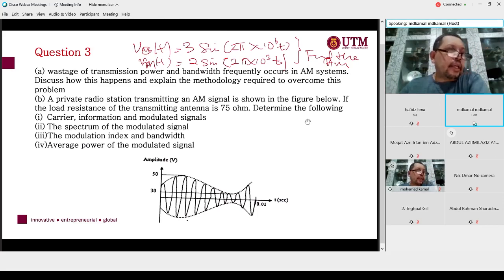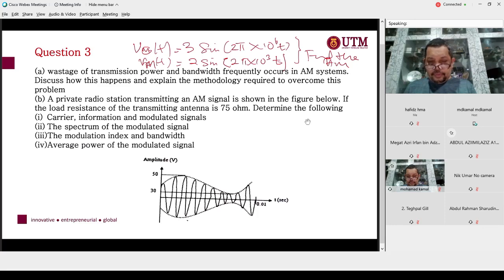So now we want to find what the equation is. Anybody can give me the answer so that you can show it to me here. Share the slide if you have already got the answer. The question is the signal equation for the AM.